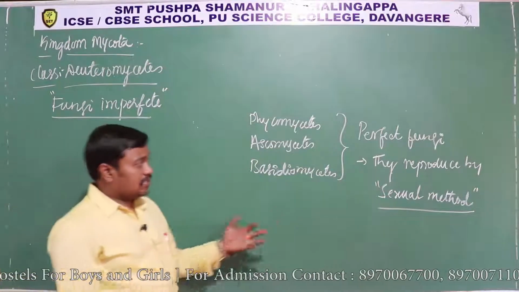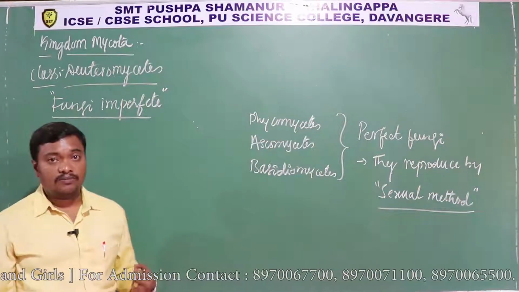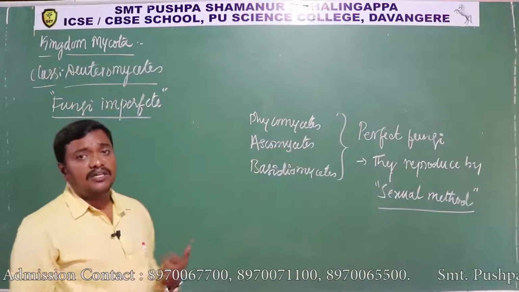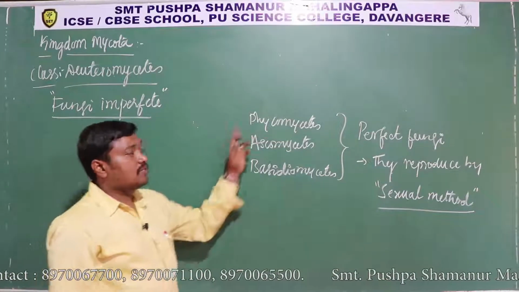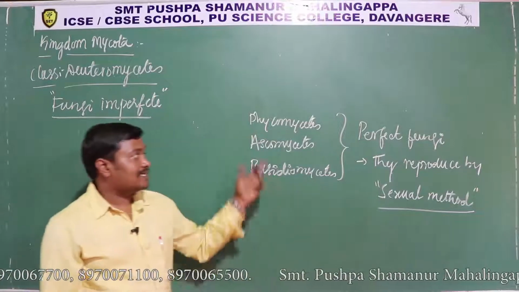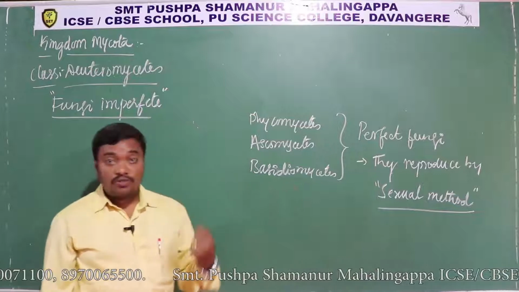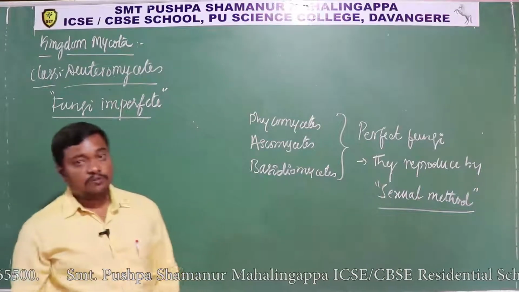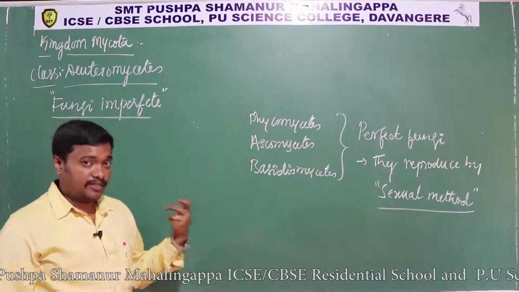That means the sexual stages of phycomycete, ascomycete and basidiomycete are known. We know what the sexual stages look like, and what kind of sexual spores they produce. So phycomycetes produce zygospores or oospores, whereas ascomycete produces ascospores and basidiomycete produces basidiospores as the sexual spores. They produce sexual spores, and along with that they also reproduce by the asexual method.